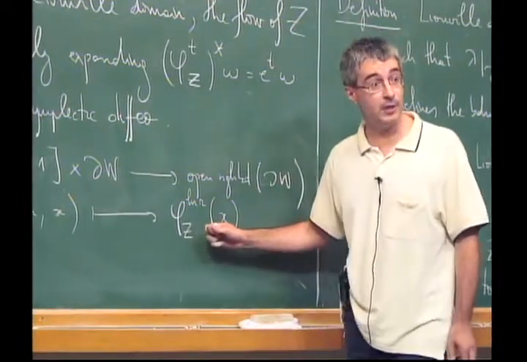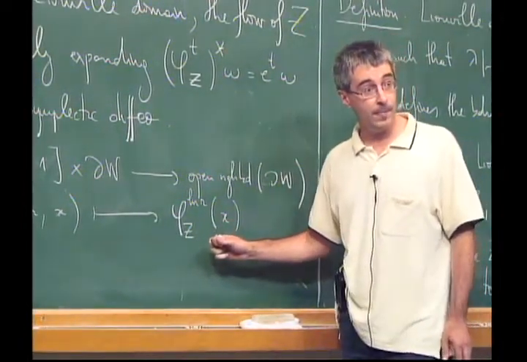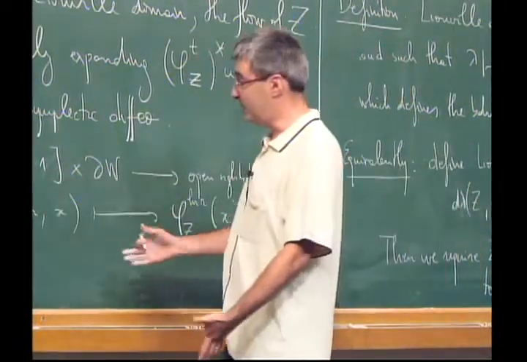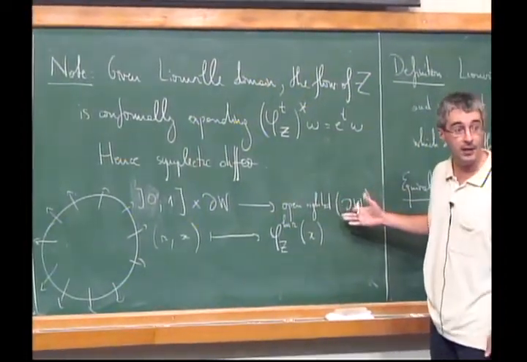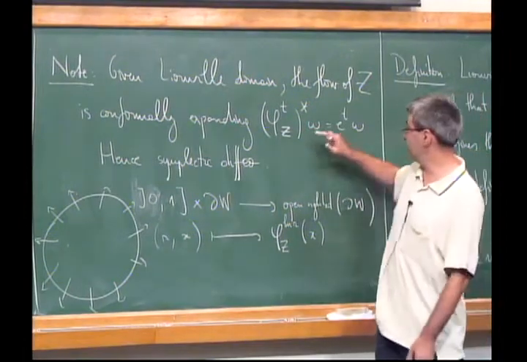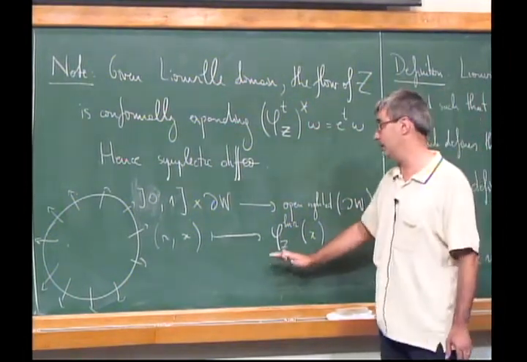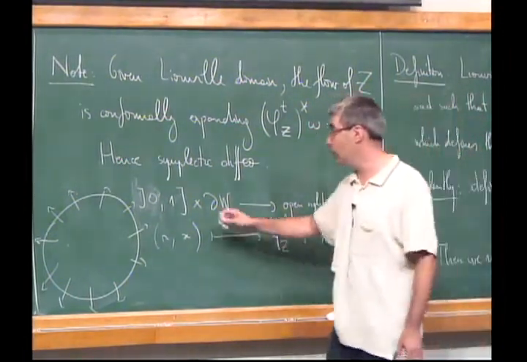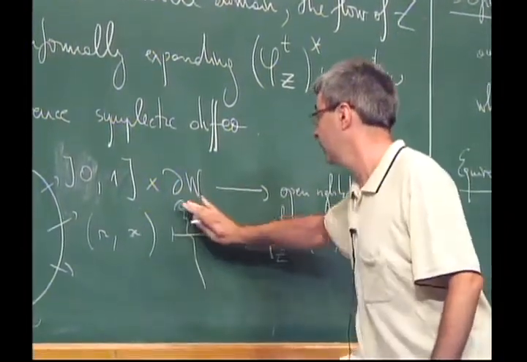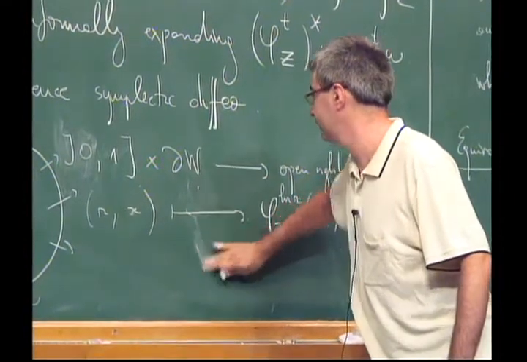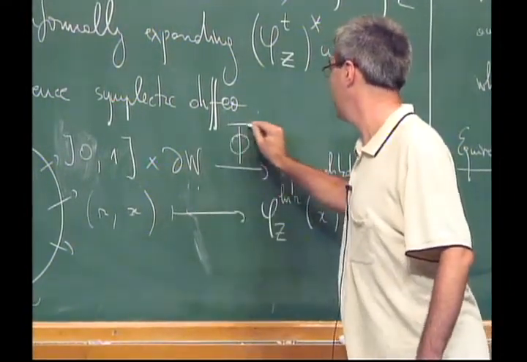So this expression does make sense. And of course, it's going to establish some diffeomorphism between this set and whatever it does here. And because of this formula, you can just check that this is a symplectic diffeomorphism, where let me write this map like phi.